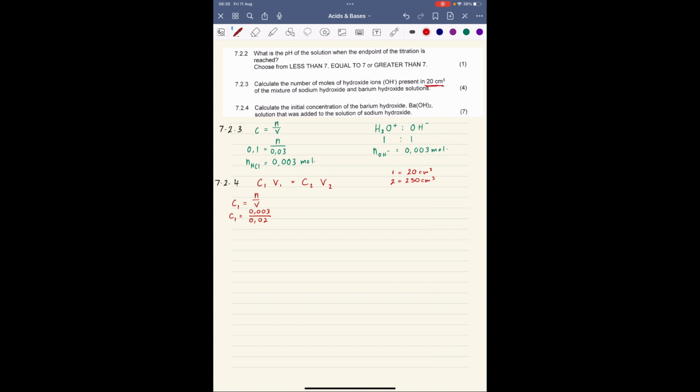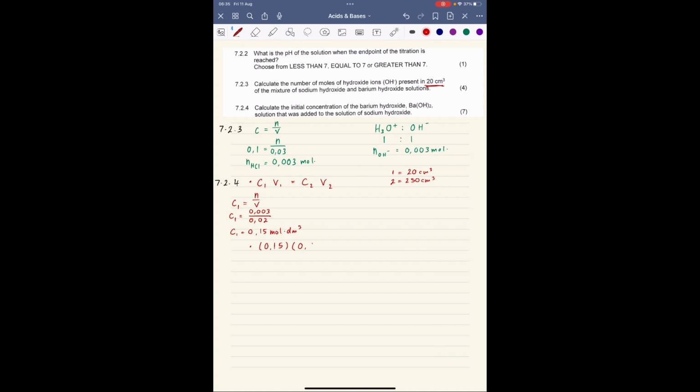0.003 divided by 0.02. We get a concentration of 0.15 moles per decimeter cube. So we're going to substitute it back here. And we're going to say for C1, for the 20 centimeter cube solution, I have a concentration of 0.15.